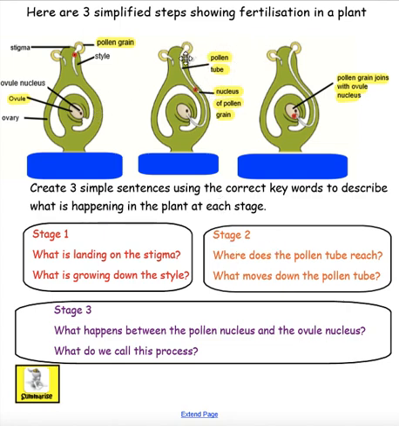Stage 2, where does that need to reach and what moves down that pollen tube? And then finally for stage 3, what happens between the pollen nucleus and the ovule nucleus, the ovule being the egg part, and what do we call this process? So we should have 3 sentences answering those questions. Please pause the video now to complete those.